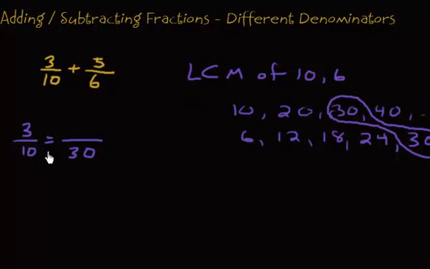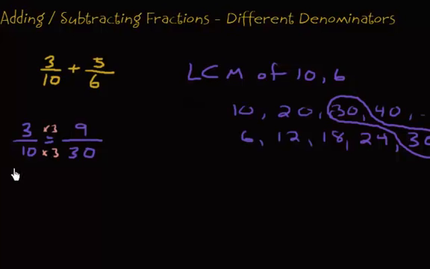In other words, 10 times what is 30? Well, that's 3. If I'm going to multiply the bottom by 3, I also have to multiply the top by 3. So now this is going to be 9. So 3 over 10 is really 9 over 30.